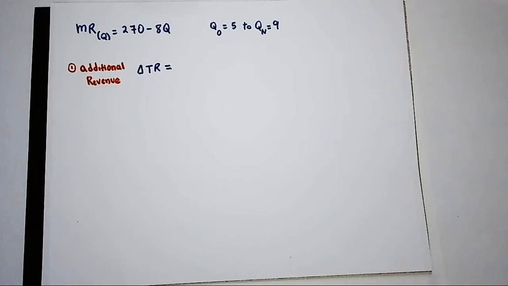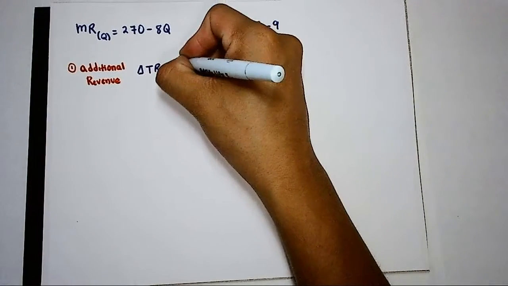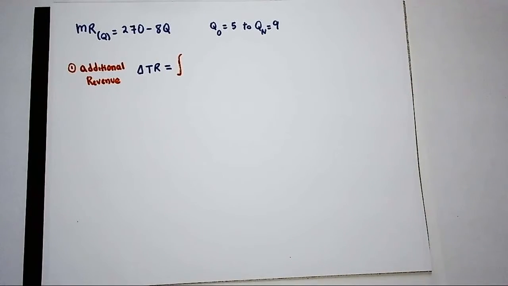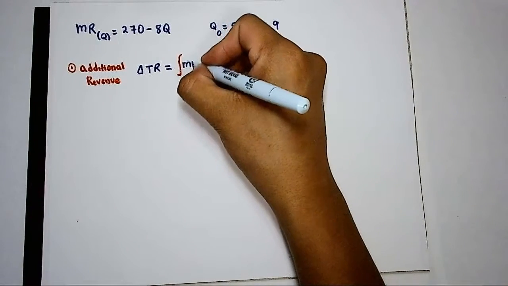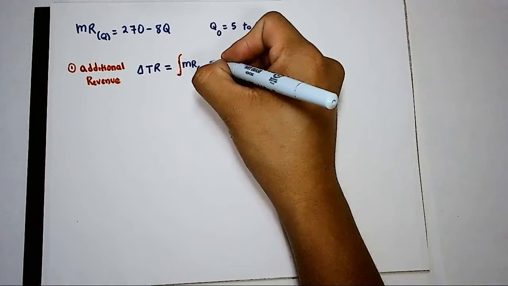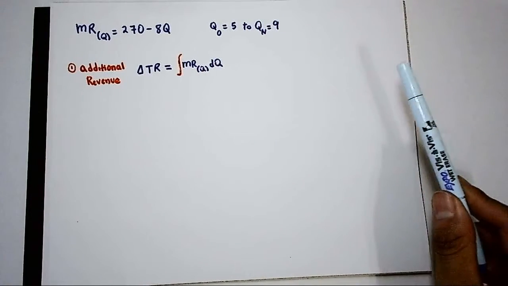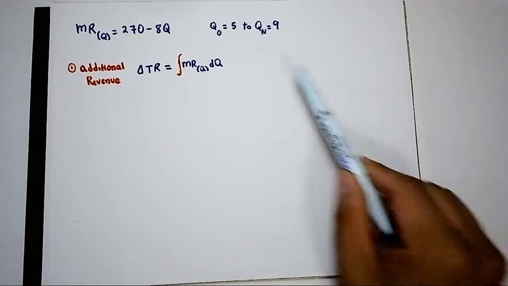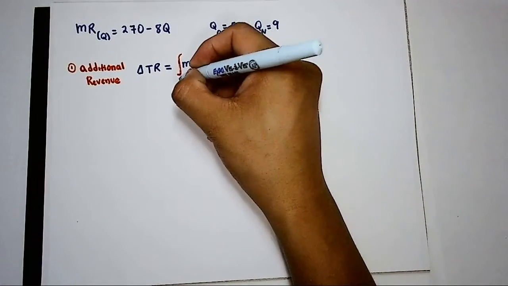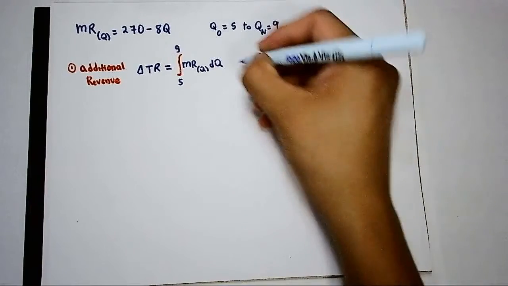To do that, we simply integrate our marginal revenue function from the range of production, in other words, from 5 to 9.